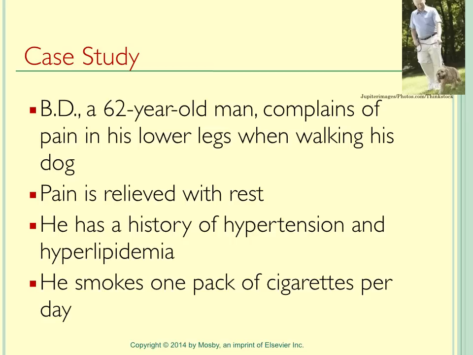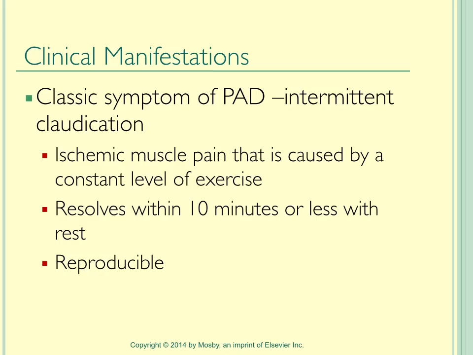What other symptoms do you think you might need to assess in this patient? So let's go to another slide. The classic symptom of PAD, as I said earlier, is intermittent claudication, intermittent pain due to a buildup of lactic acid. This is an ischemic pain as a result of the buildup of lactic acid resulting from anaerobic metabolism.